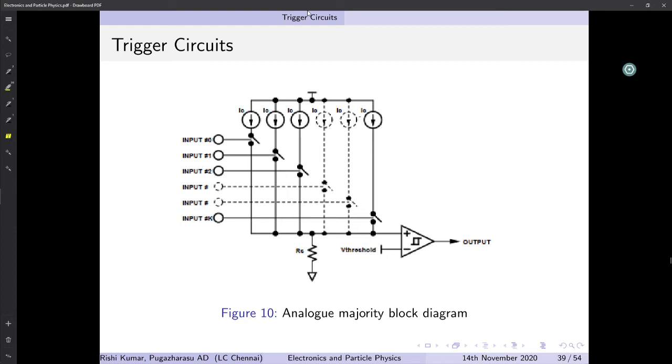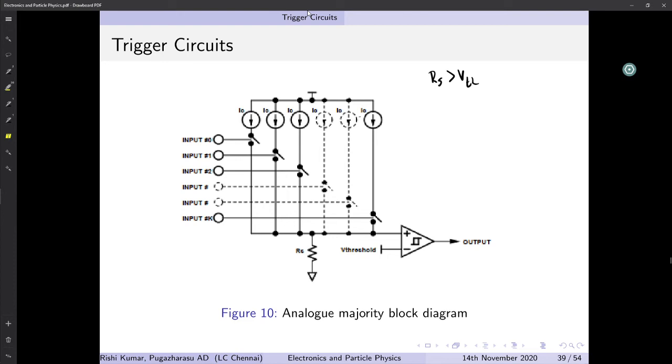So when you have RS larger than V threshold at the comparator point, then the comparator output becomes active. So you have your RS here, and if your RS is greater than your VTH, then your comparator becomes active.